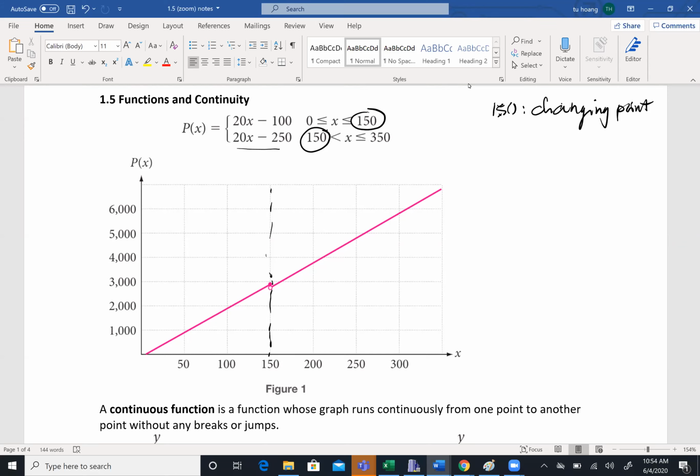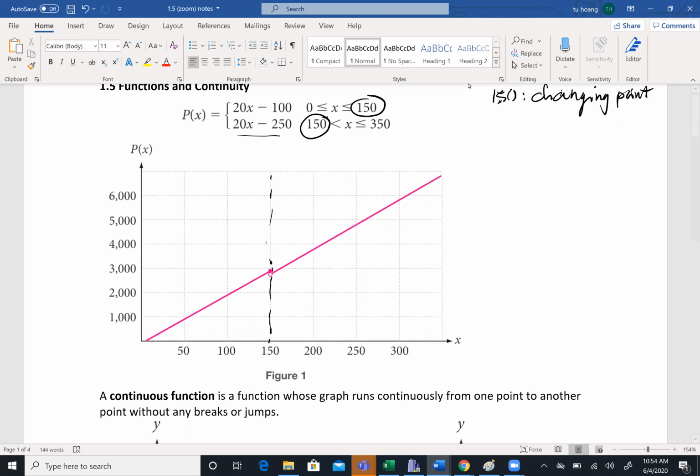So I can say that this function is not continuous. It's breaking down. That is something you need to know a little bit before we move to the definition of a continuous function.